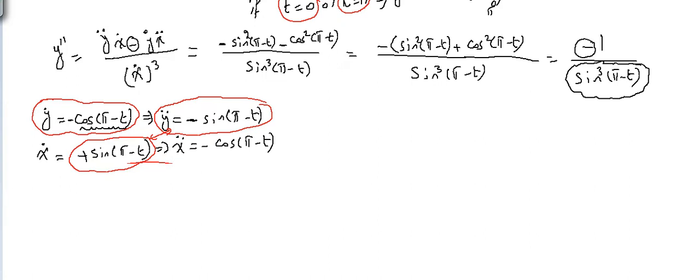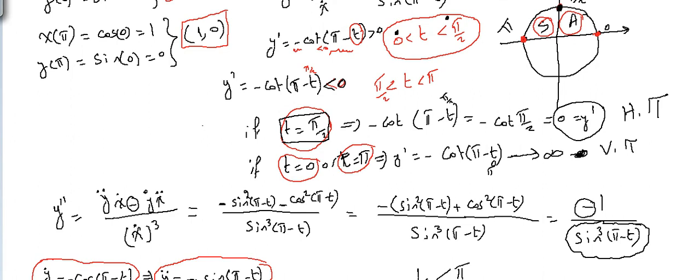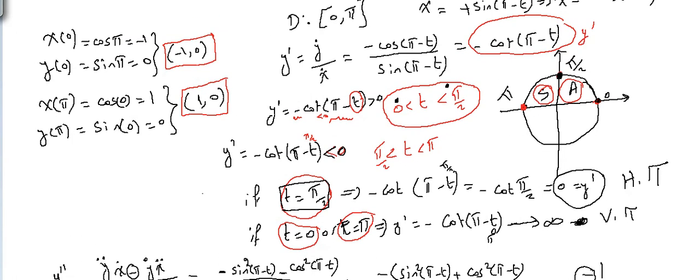Let's see. If t is between 0 and pi, because this is t between 0 and pi, right? What will be the sign of the sine? Between 0 and pi, the sine is positive.